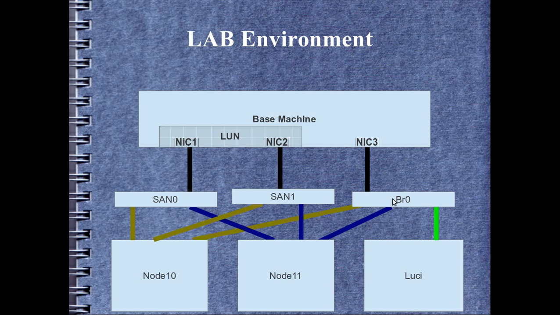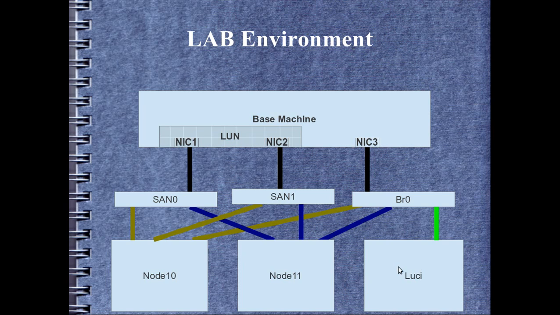So finally the third interface is the actual interface that will be used for the interaction between the clustered nodes, the base machine and Luci. Luci is a web interface that is used to manage your clustered nodes, their configurations, to reboot a node, to fence a node. So this is basically an admin interface.